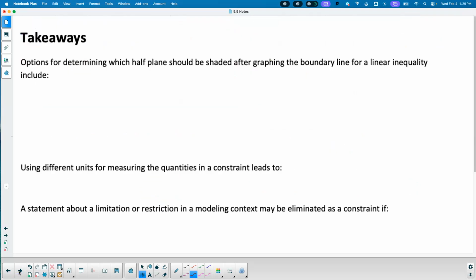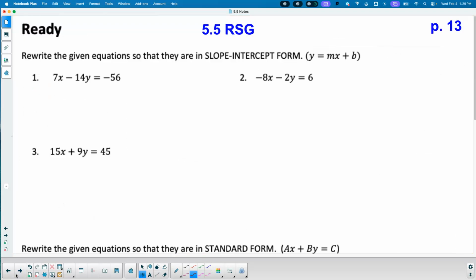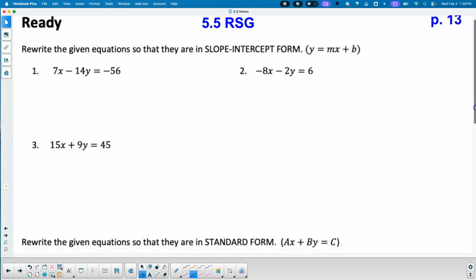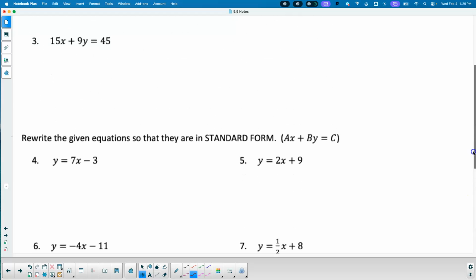Tonight on your homework, you're going to be doing some more of that. So the first 3 on your homework tonight are put it in y equals mx plus b form. Then the next 6 are put it in standard form.